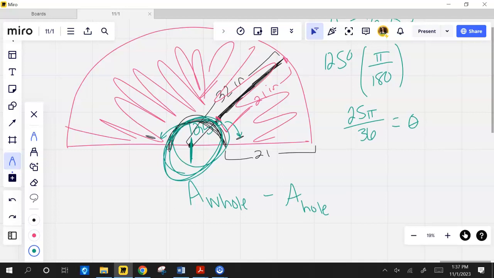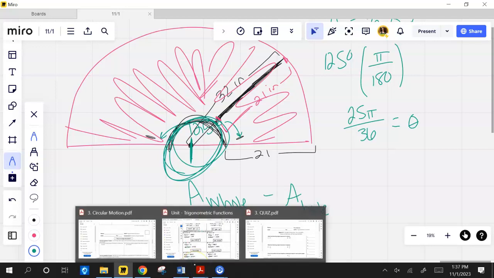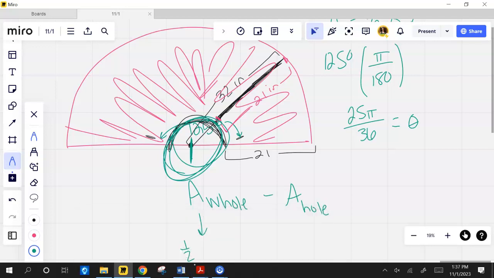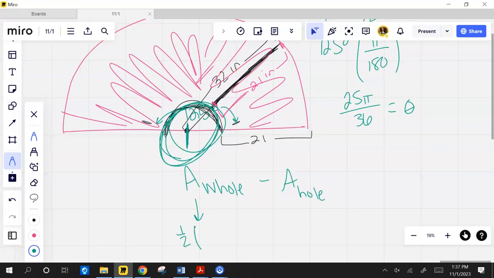The whole area would be the whole radius going all the way over, spanning 32 inches, right? So the area of the whole is going to be 1/2. Theta stays the same for all of it, yes? 25 pi over 36. Times radius squared. What's the radius of the whole entire thing?